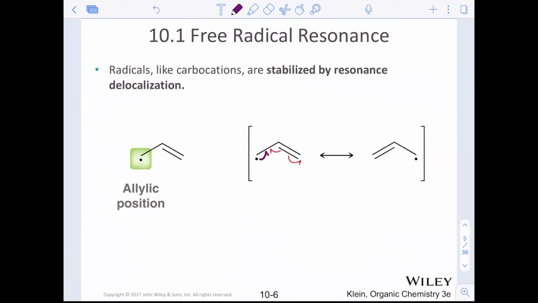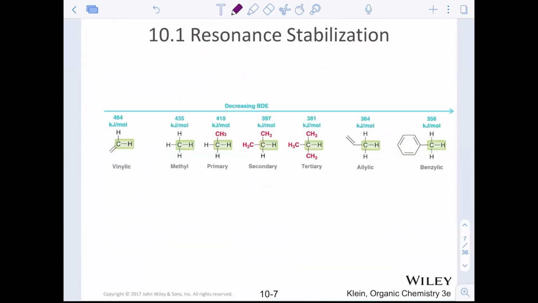One electron from the radical is going to be shared with one electron from the pi bond. The other electron from the pi bond is going to become a new radical on the other terminal end. I'll call that carbon 3. So it is very important to be able to draw these resonance structures, as resonance gives the absolute best stability for a radical.